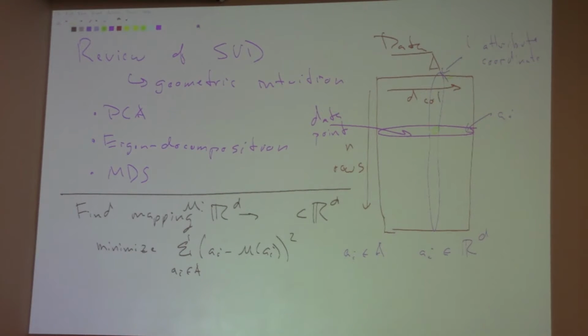So let's define this as a map from R^D to a subspace F, and we'll say that F is a k-dimensional subspace. Is this a little better?